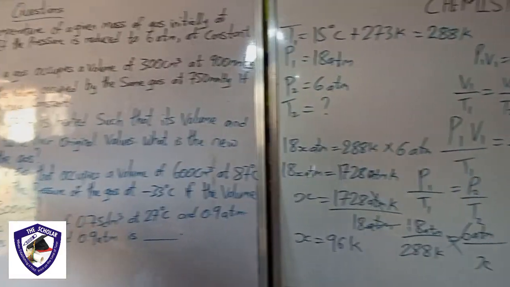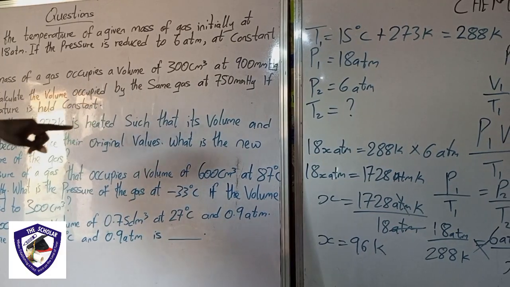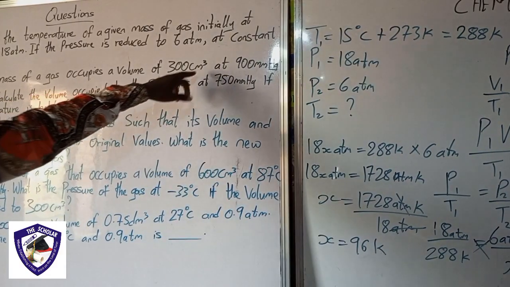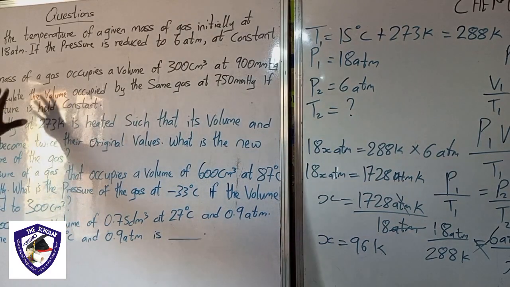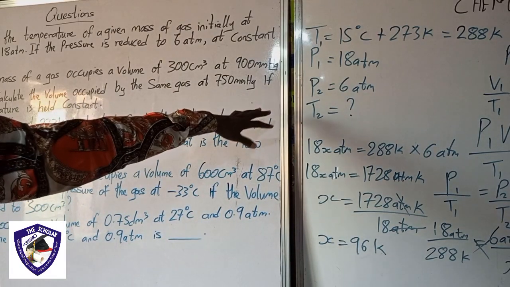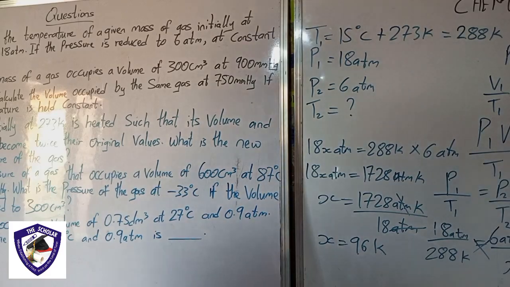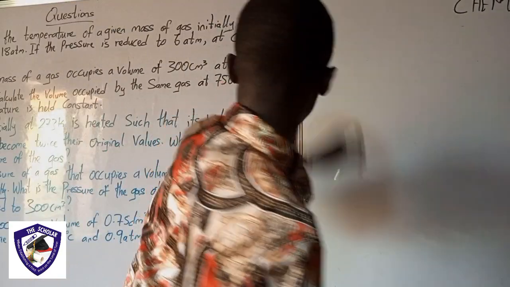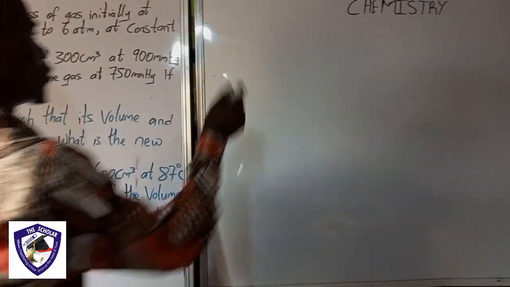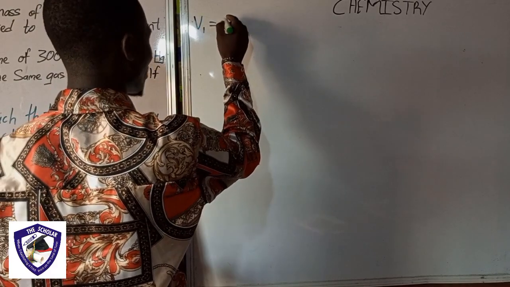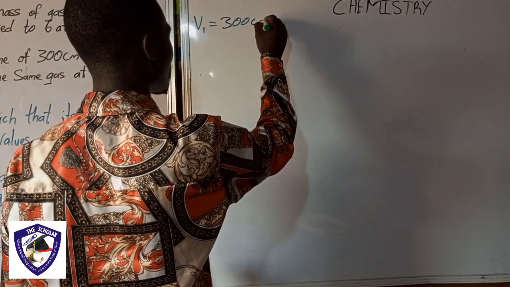Now going to the second question. The second question says, a given mass of a gas occupies a volume of 300 cm3 at 900 mm mercury pressure. Calculate the volume occupied by the same gas at 750 mm mercury if the temperature is held constant. The parameters have been given. We have 300 cm3 for the volume, which means our V1 is equal to 300 cm3.